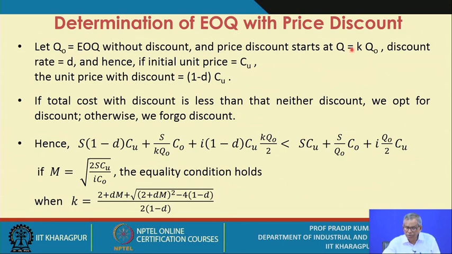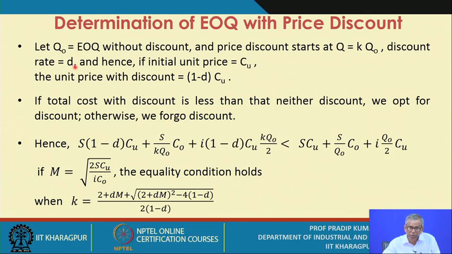That's why we say that the price discount starts at an ordering quantity Q, and this Q you must explain in terms of Q0. So obviously there is a multiplying factor, that is small k. So Q equals small k into Q0.